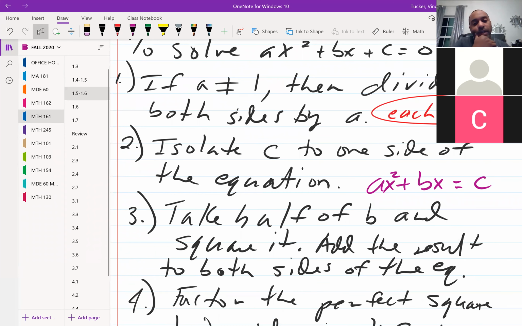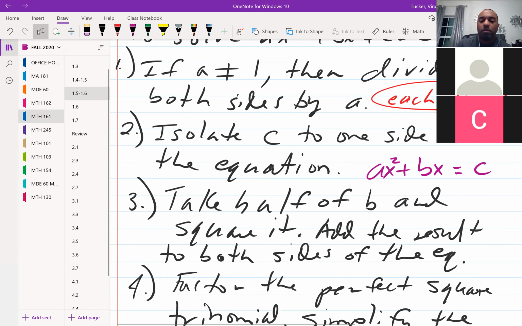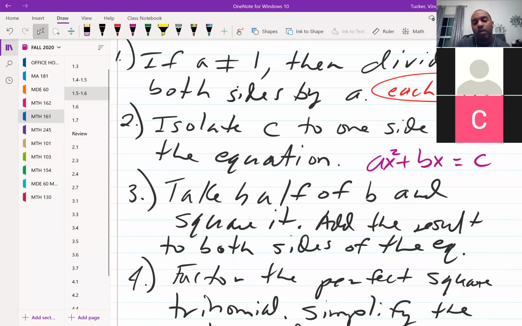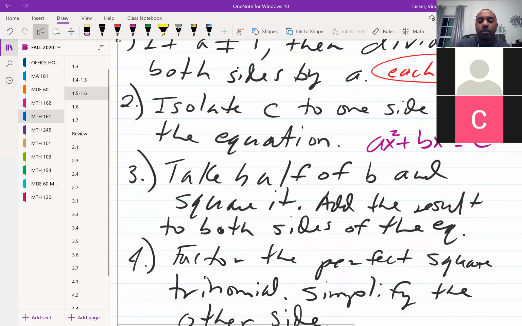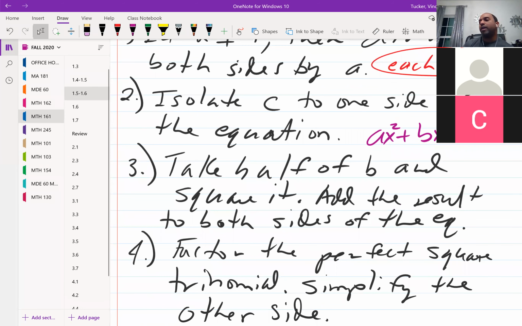After you've done that, you'll add the result to both sides of the equation. Step 4, factor the perfect square trinomial, and then simplify the other side.